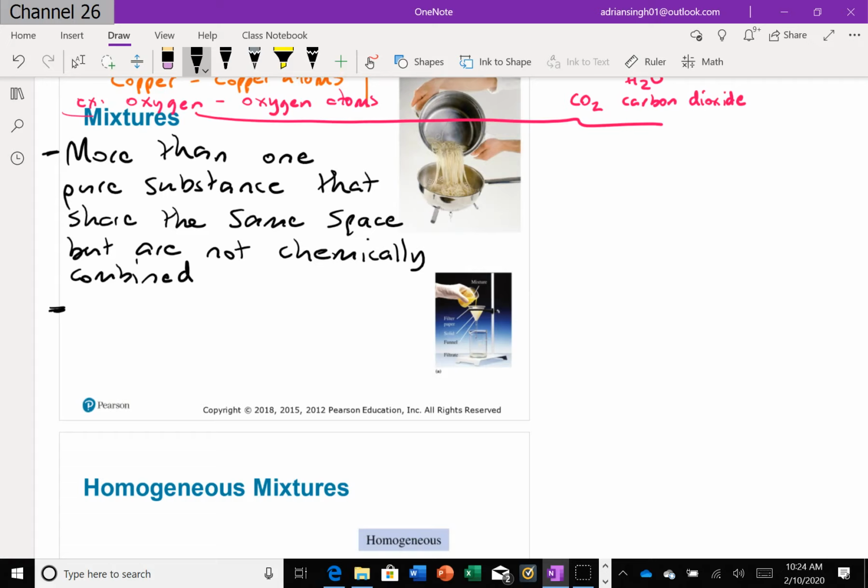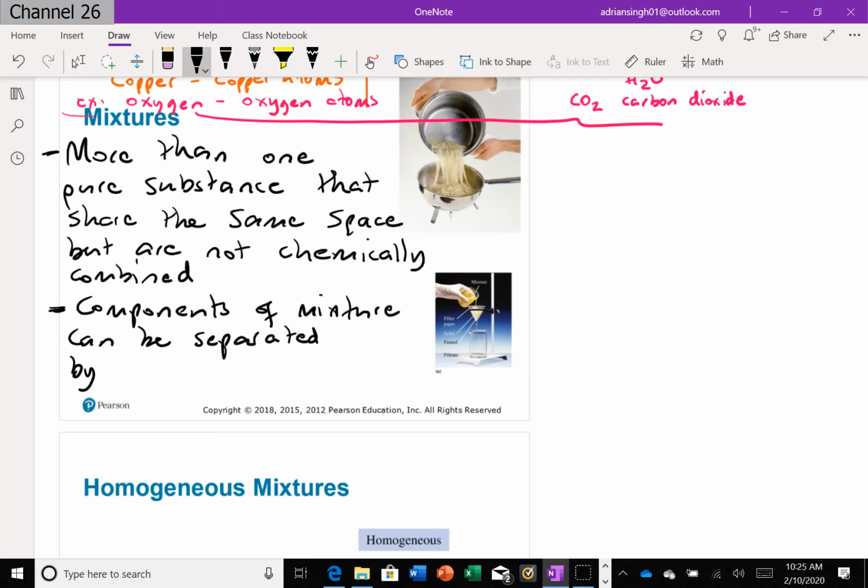And the other characteristic of a mixture that's different than a pure substance is it's relatively easy to separate the components. So we can say the components of the mixture can be separated by normal physical means.